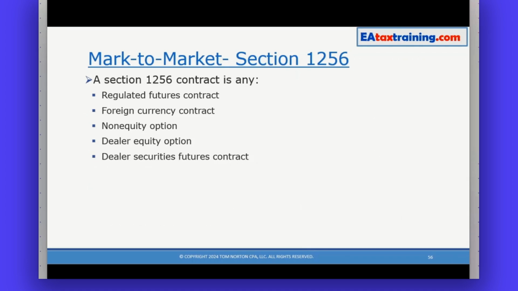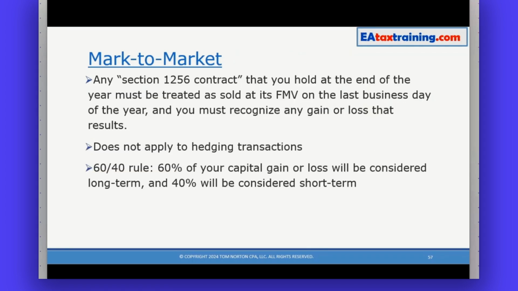If you're using mark to market and you have any of these types of contracts, then they are treated a little bit differently. You must treat it as if it's sold at its fair market value on the last business day of the year, just like you would with any other securities, and you must recognize any gain or loss that results. However, it's treated a little bit differently.